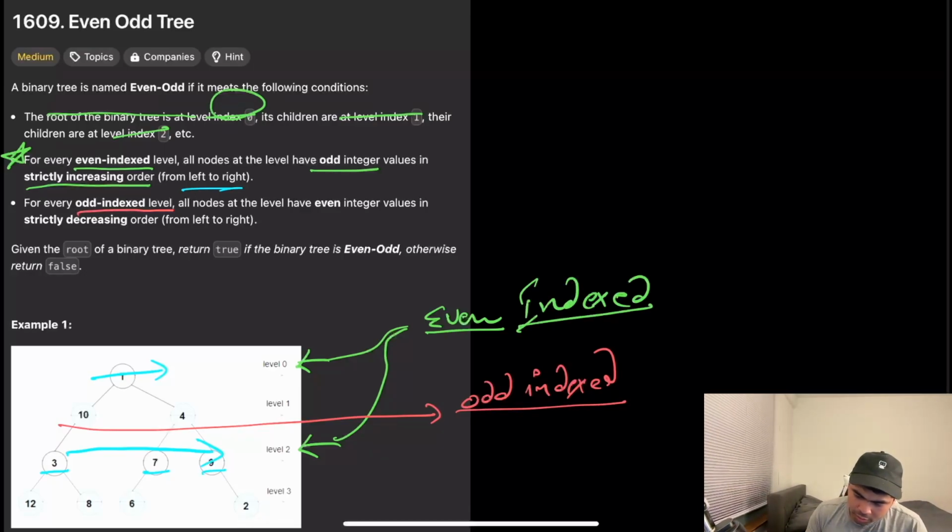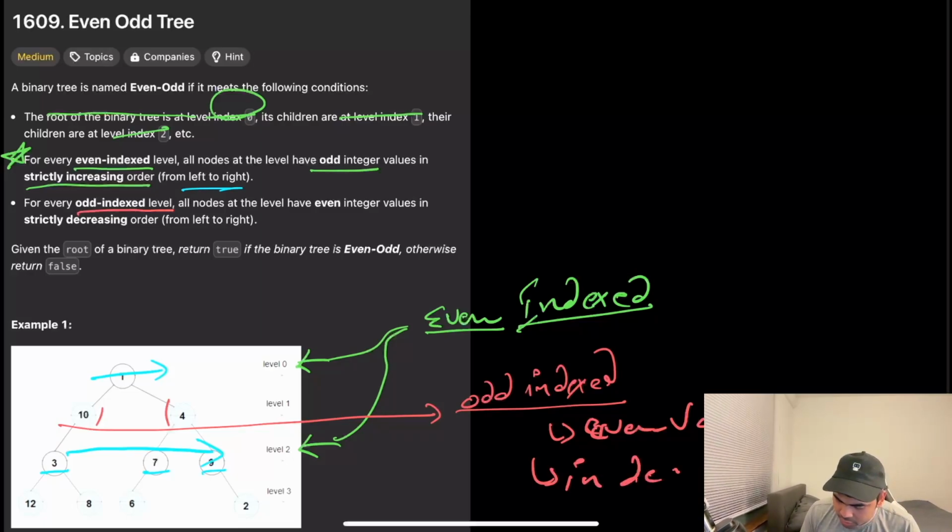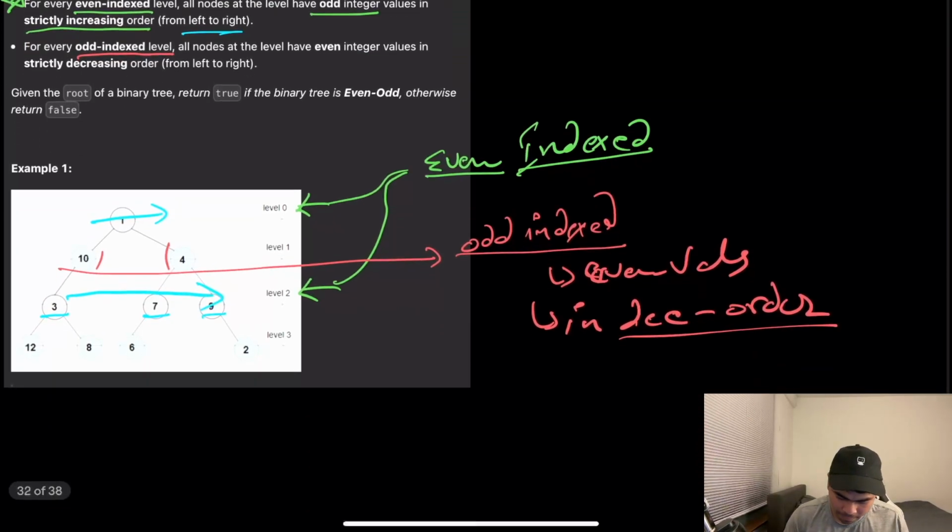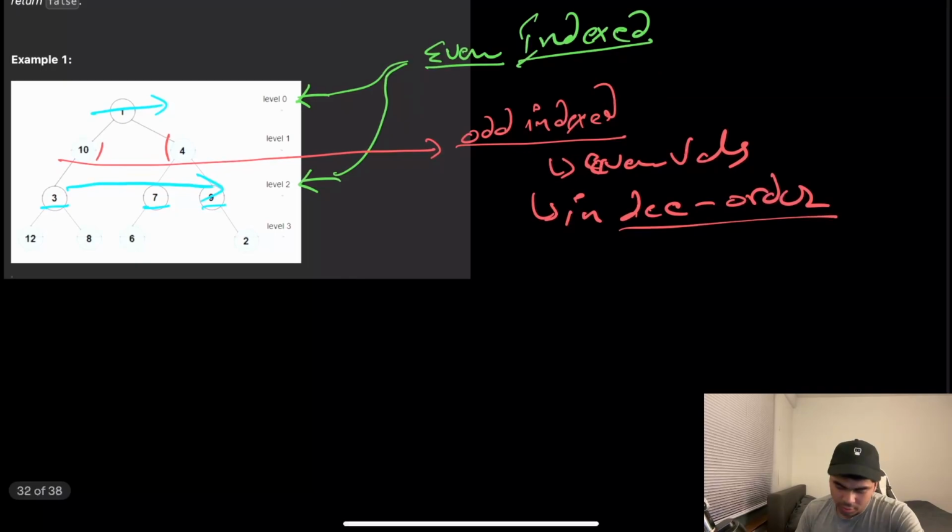If this is the case, then I want to see the values have to be all even values. At odd index, values must be even values, and in decreasing order. So it's strictly decreasing order, and you guys can't see it, so let me just move it up.